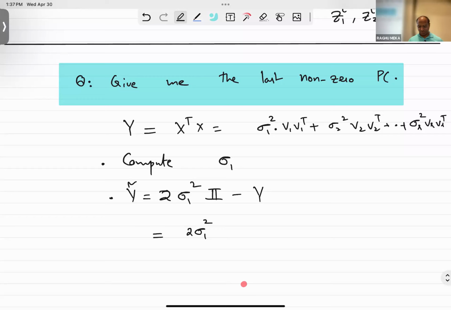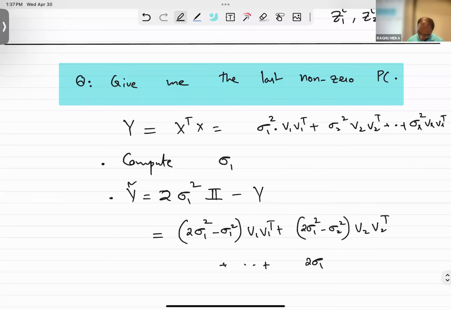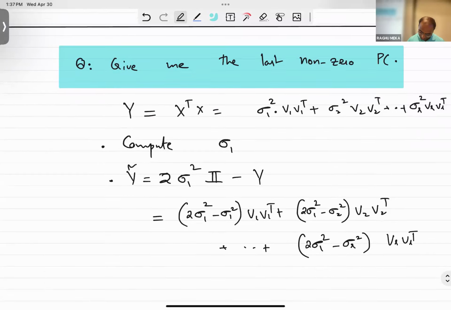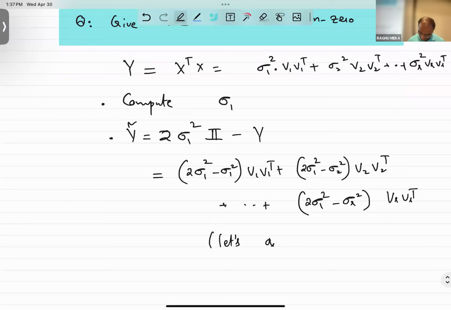Otherwise, you can do the same thing by some other tricks, but let's say it's full rank. Then this is just... okay.